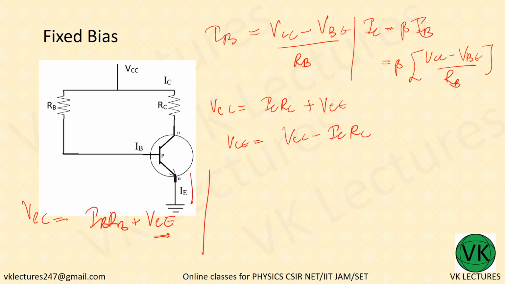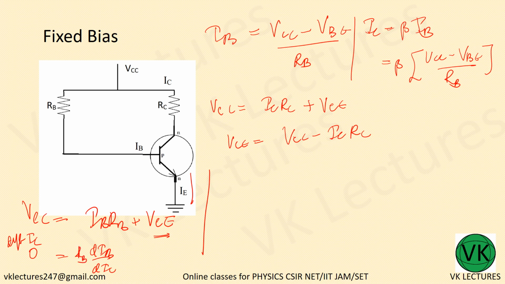Now just differentiate with respect to IC. What you are getting? 0, this quantity 0, differentiating with respect to IC, 0 equal to DIB by DIC into RB.